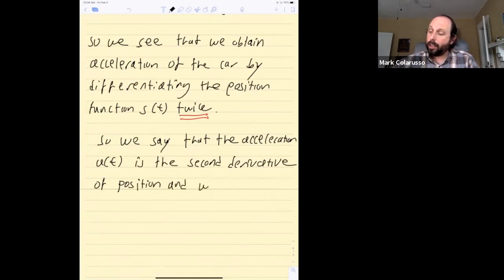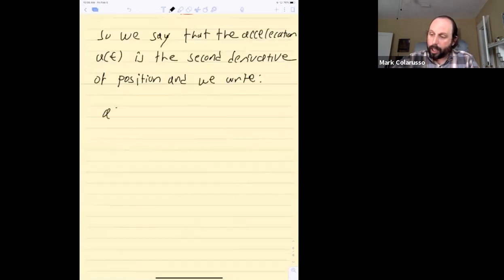And we write that A of t is S double prime of t, or d squared dt squared S of t in the other notation.